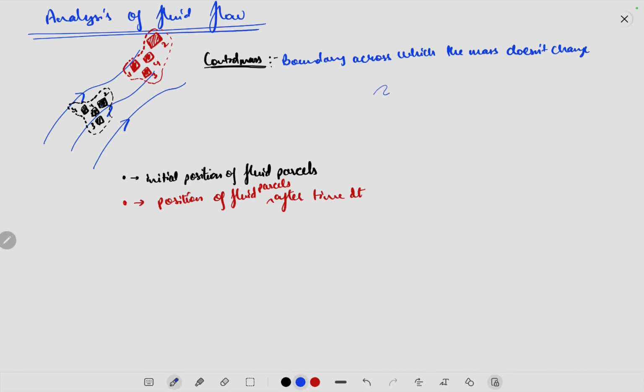In thermodynamics we use this concept of control mass. You must have studied problems where you had a cylinder and a piston attached to it, and there were gas molecules inside the cylinder.